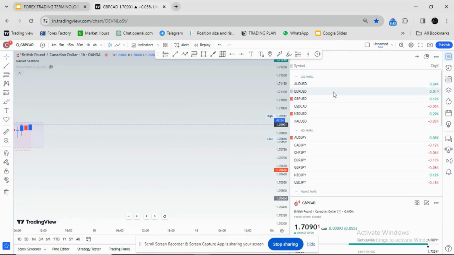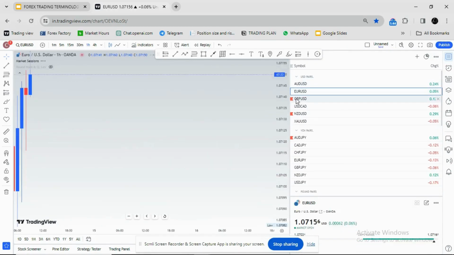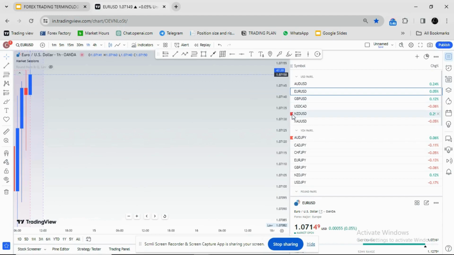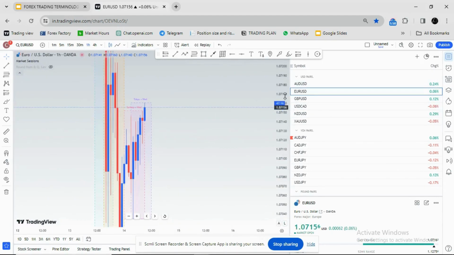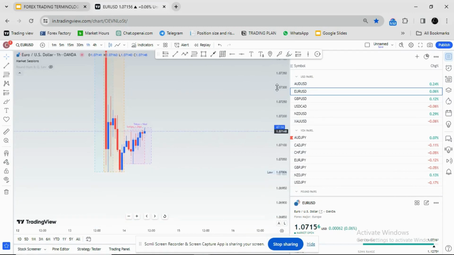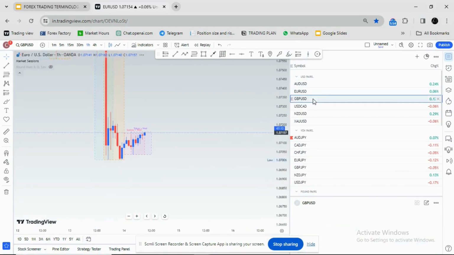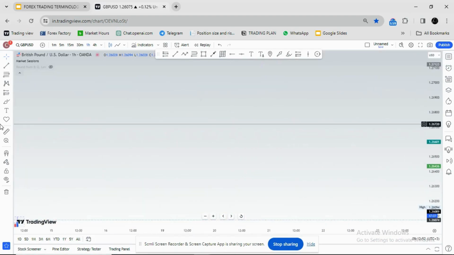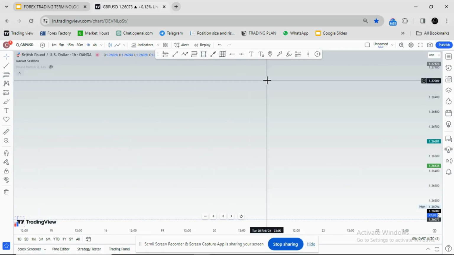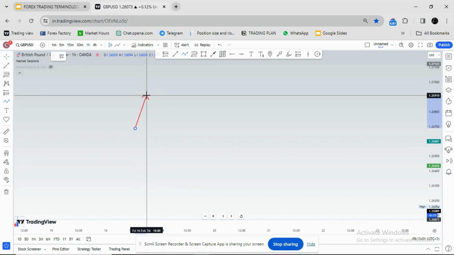Okay, let's talk about positive correlation. You see, most of the time, Euro USD and GBP USD are positively correlated. And what that simply means is when an asset is positively correlated, it means that they move in kind of like the same direction.